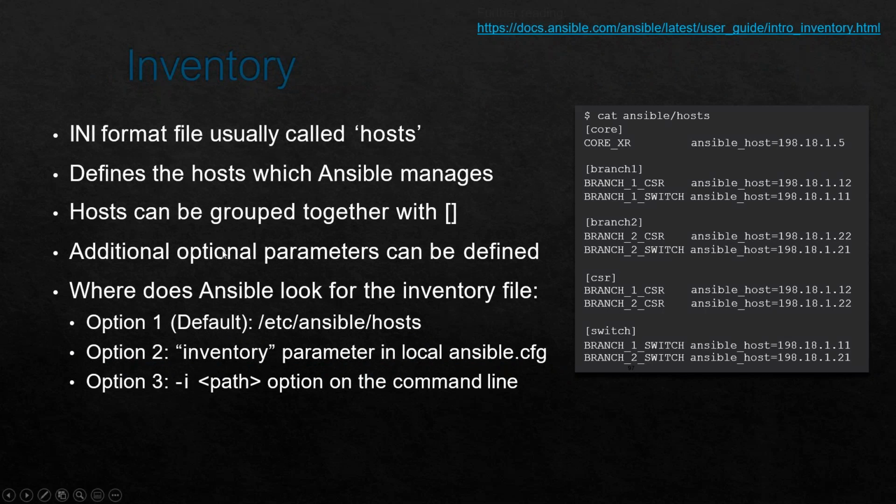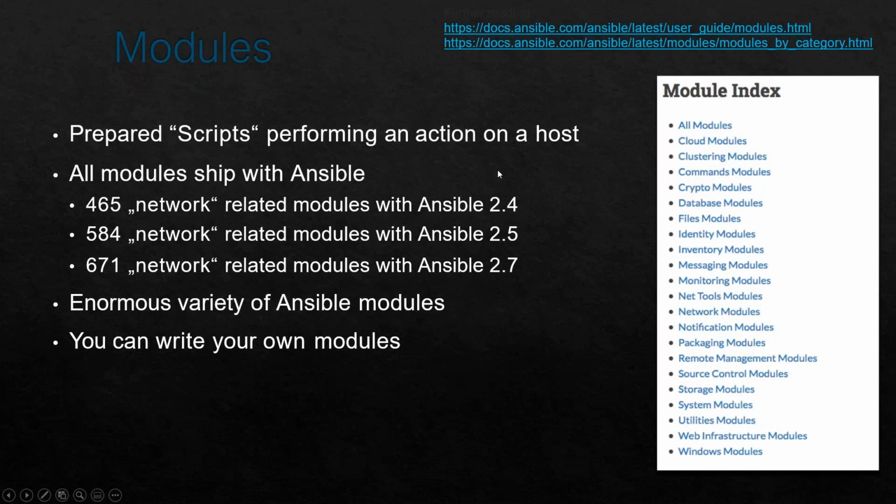Likewise, we are going to create our own inventory as well. The inventory of devices is where I may have routers, switches, and then certain variables related to routers and switches. This also you will see in the lab section.